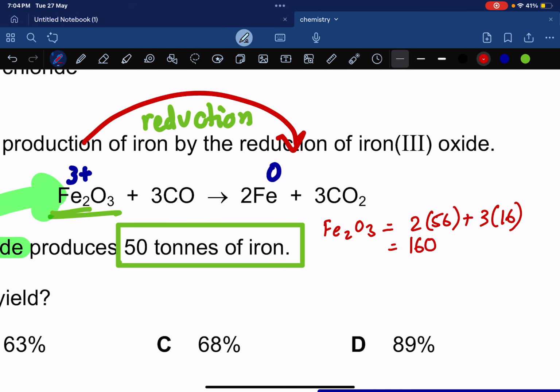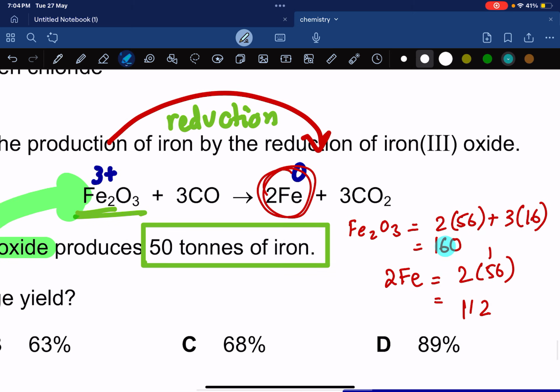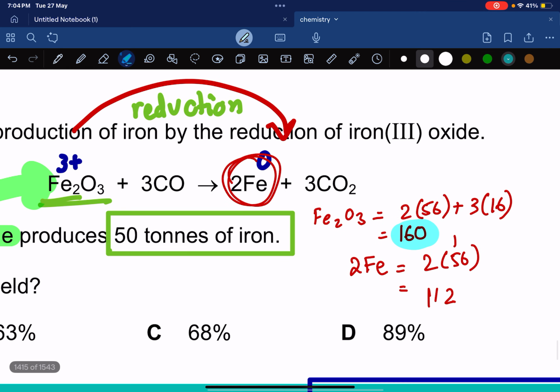And for 2Fe, it's going to be 2 times 56, which is simply 112. So when I use 160 grams of my Fe2O3, iron oxide, I get 112 grams of iron. That is exactly what should happen.